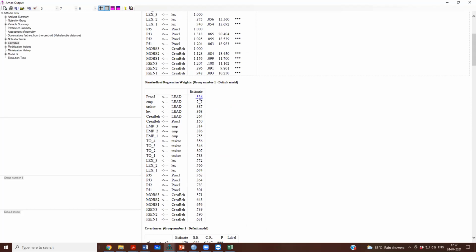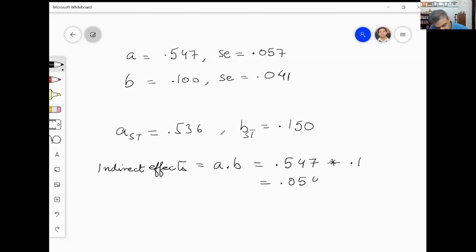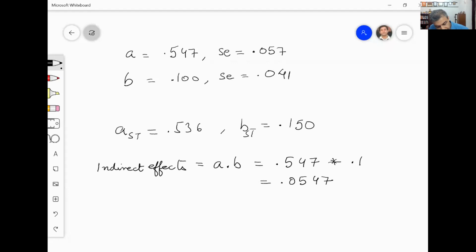Now if we look at our indirect effects, the unstandardized indirect effect is going to be A into B, which is 0.547 multiplied with 0.1, which is going to be 0.0547, and the standardized indirect effect is going to be 0.536 multiplied with 0.150, right?